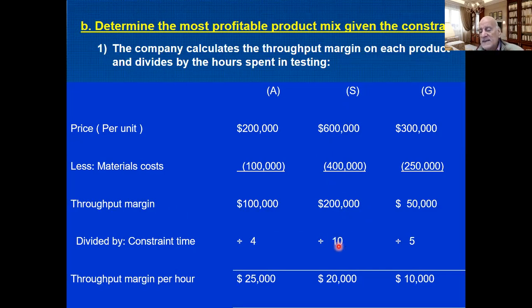What is the share of 1 hour? Dividing the throughput margin by the hours used, each hour used in producing this product will give $20,000.